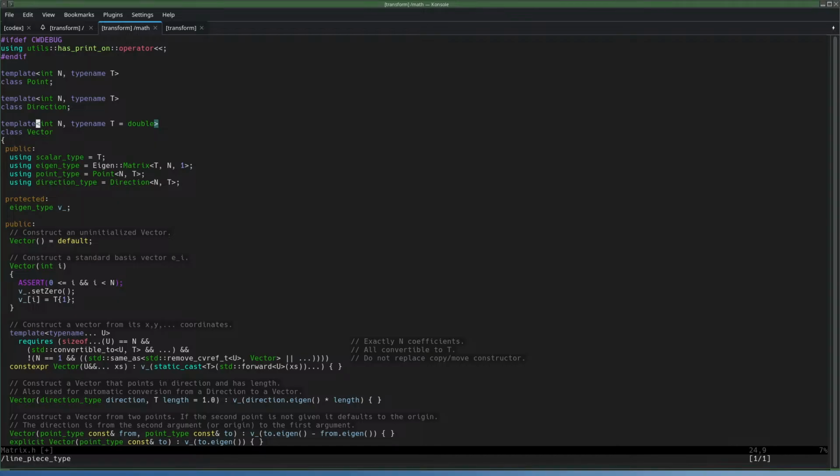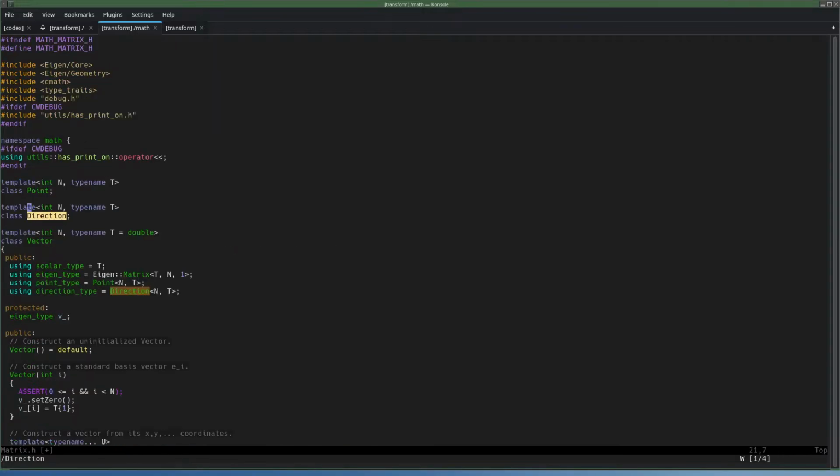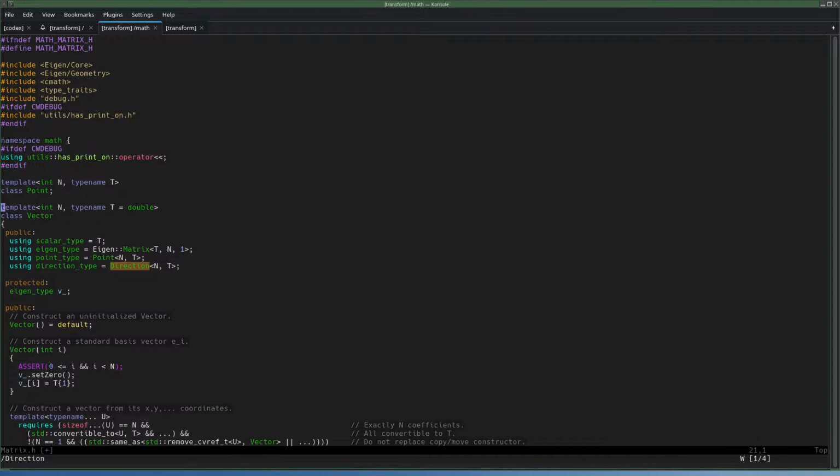Strip, strip. No, I don't need a direction for the matrix.